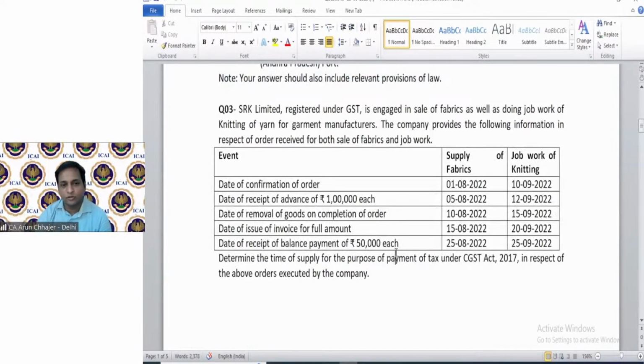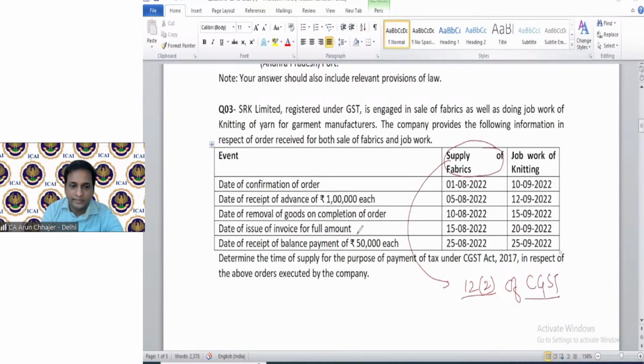So the answer which you have given is 10th of August. In case of the supply of goods which is covered under forward charge, correct? Section 12 subsection 2 of the CGST Act talks about the date of invoice, which is 15th August 2022, or the last date to issue the invoice.